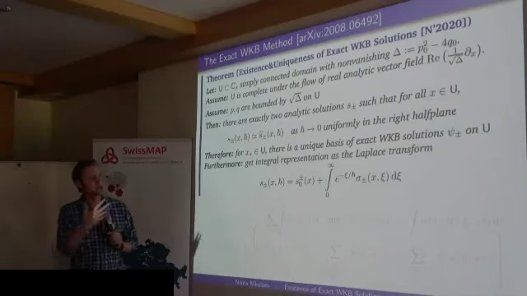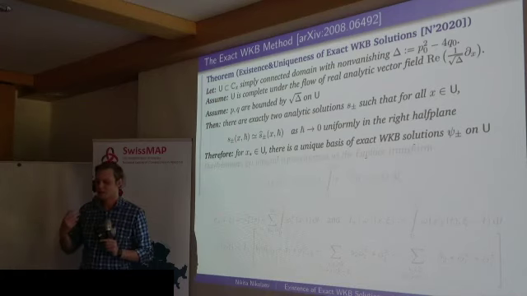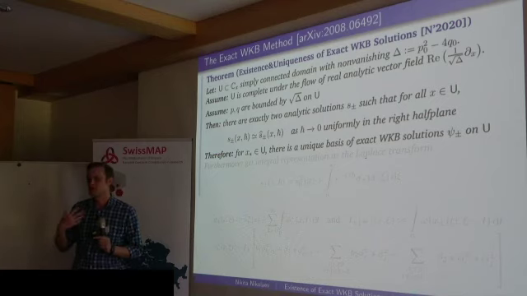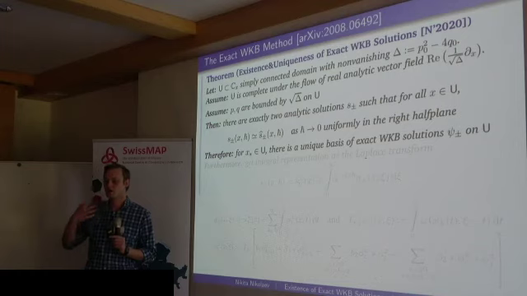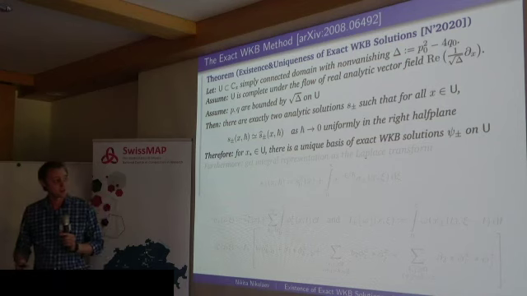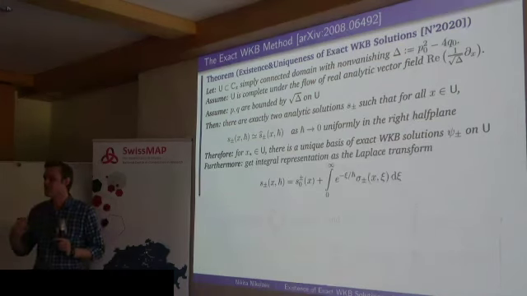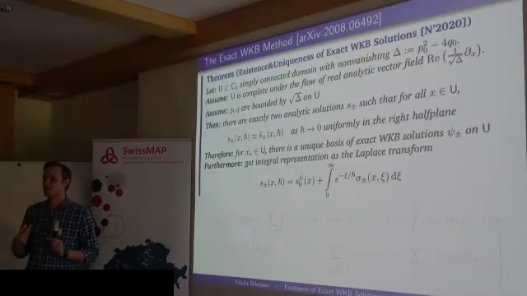One way to think about it is that the method for constructing these solutions is in some way optimal. I have a way to produce solutions in a unique way, and moreover, the method is so explicit that I get an integral representation for a solution.